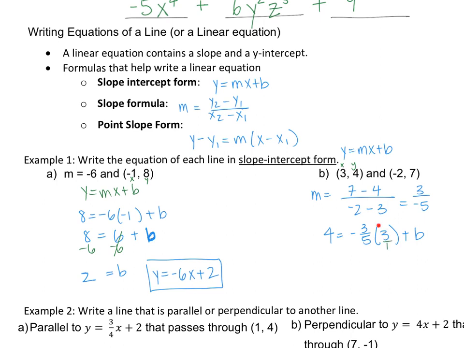That way, when you multiply, you just multiply straight across. When you're multiplying fractions, you multiply straight across. So if you multiply -3 with +3, you get -9 over 5. Don't forget the negative. So -3 times 3 gives you -9. 5 times 1 is 5. Bring the b down and the 4 down.